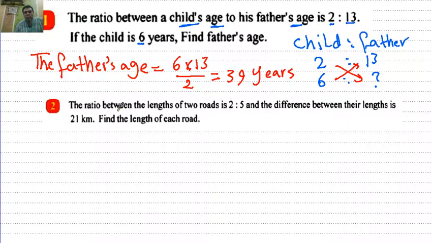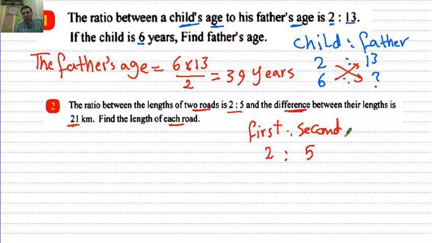Number 2. The ratio between the lengths of two roads is 2:5, and the difference between their lengths is 21 kilometers. Find the length of each road. Then we can write first road to second road. The ratio between them is 2:5.